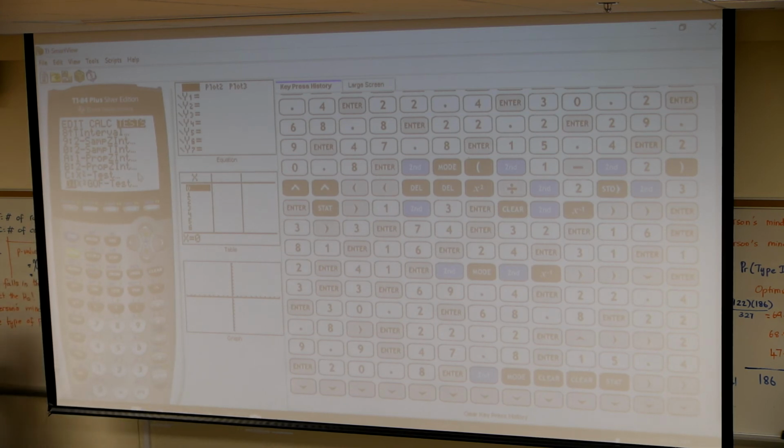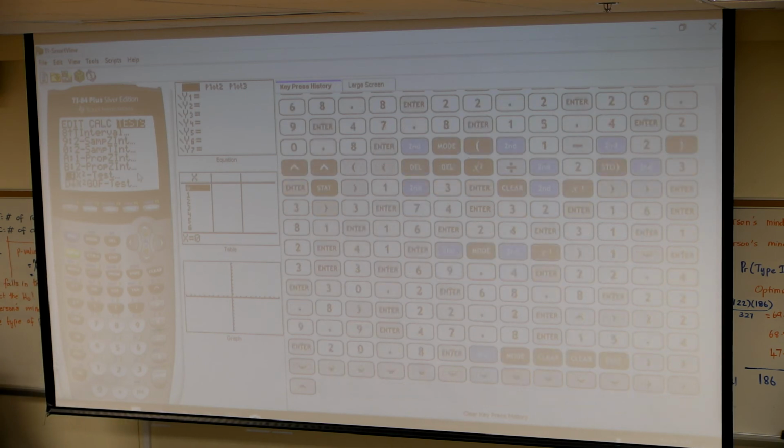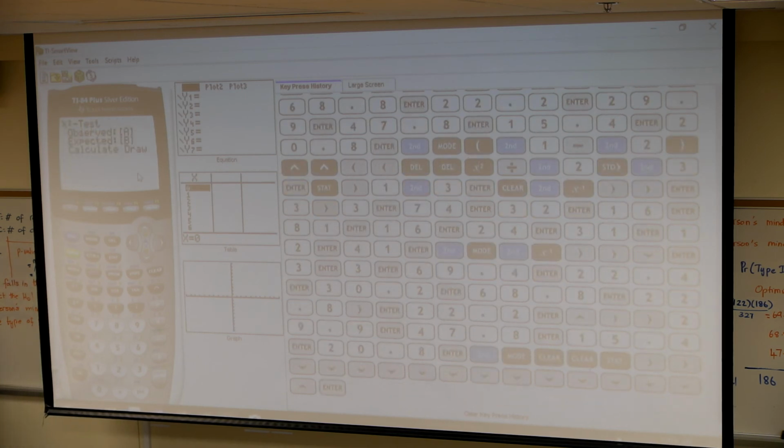This time, it is a chi-squared test, so we've got to select that. By default, as you can see, it recognizes the observed frequencies to be in matrix A, expected frequencies to be in matrix B. Isn't that what we had?